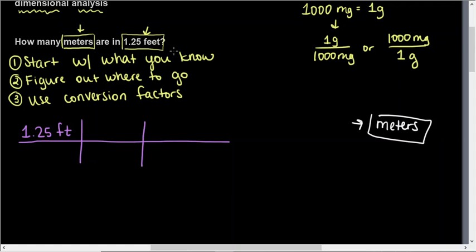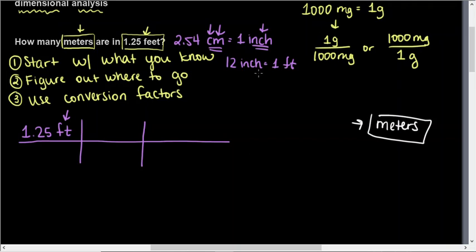If we know that there are 2.54 centimeters in 1 inch, that's the conversion that I know that relates something in metric, centimeters, to something in English, inches. And I know that we're starting with English, and I also know that 12 inches equals 1 foot.